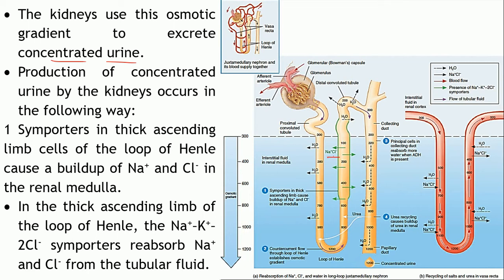So in this part the reabsorption of the sodium and the chloride ions will take place. These ions will start entering into the interstitial fluid. So there will be a build-up of these ions in the renal medulla, right, due to the presence of this transporter, the sodium potassium 2 chloride symporter.